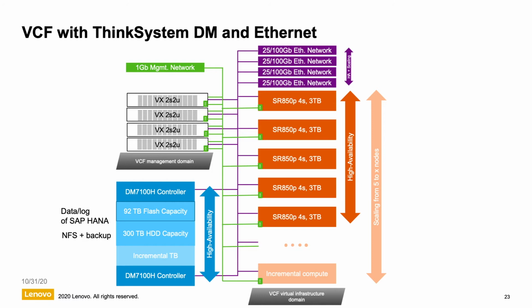And you can see that there is redundancy in the design. Each server has a pair of links, and also each switch is being paired in this way. So the goal here is to provide high availability and resiliency against failure so that the operations that you care the most about are not disrupted.